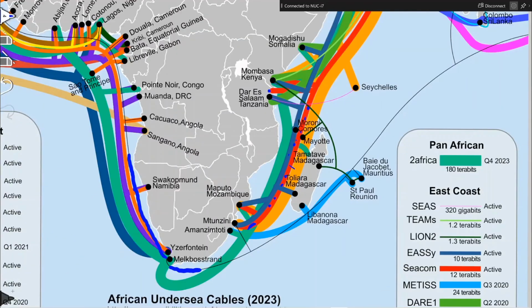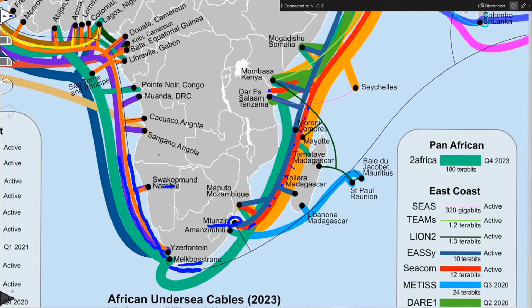I think it's fairly common knowledge that CCOM lands at Ntinzini in the Durban region. On the west coast, SAT3 lands at Melkbosstrand, very near Cape Town, and then just a little bit to the north, the other cable that is of interest to us, the Western African Cable System, WACS, departs. It's the one that is listed in purple there, and you can see that it lands at Swakopmund.